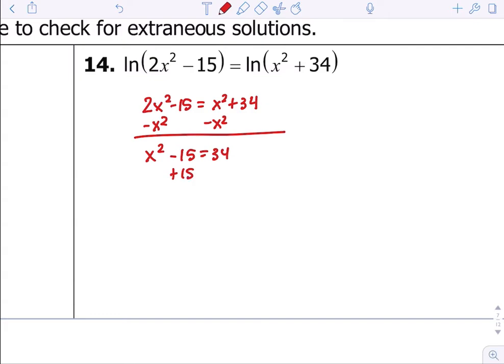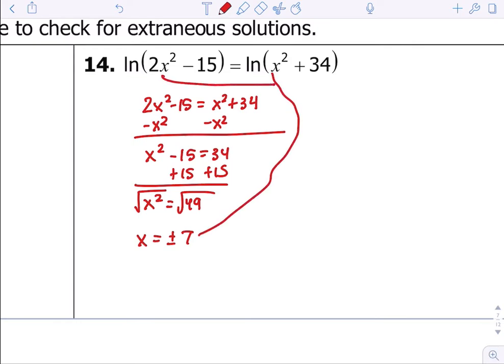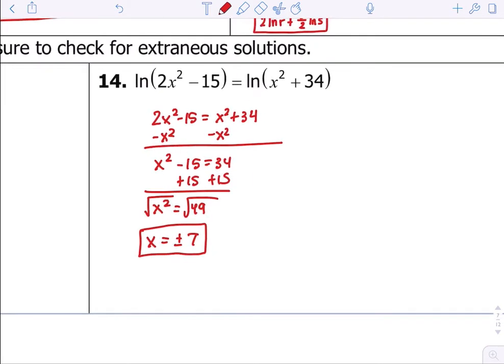Let's add 15 to both sides. x squared is equal to 49. Square root both sides. x is going to equal plus or minus 7. Now, when you plug in 7 or negative 7 into here, you're going to notice you get a positive value for both of them, whether it's 7 or negative 7. So that means it's going to be both x plus 7 and x minus 7.